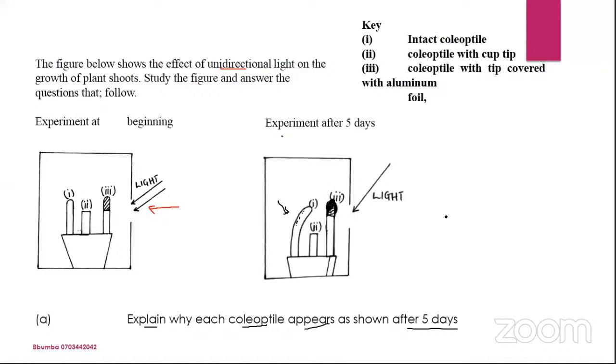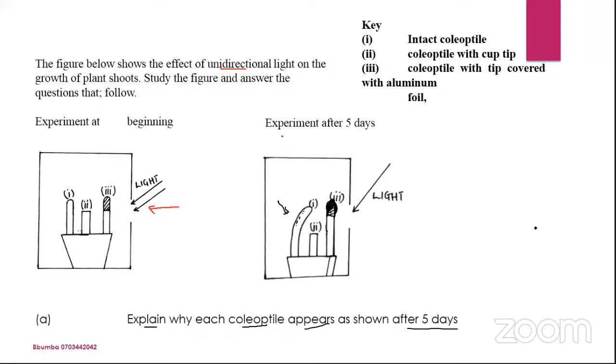So they caused one side to grow faster than the other, leading to the bending towards light. Thank you very much, Faith. That is very good. And because of time, now the poll that I'm choosing, I want you to talk about coleoptile 2.